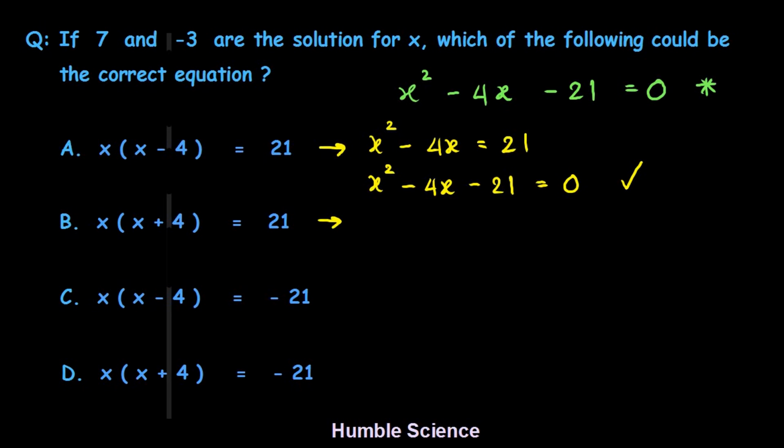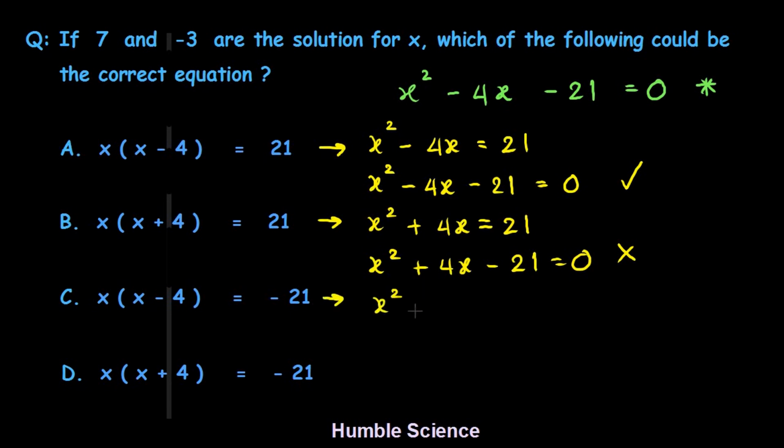The next one is x squared plus 4x equal to 21. That means x squared plus 4x minus 21 equal to 0. This is not correct.